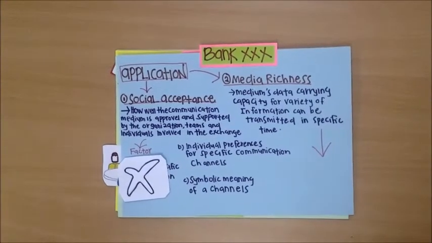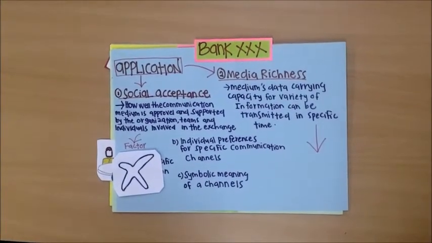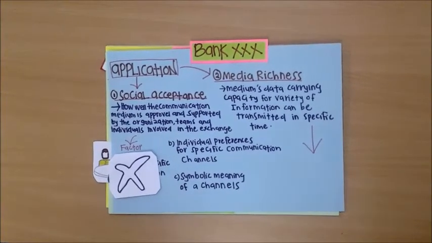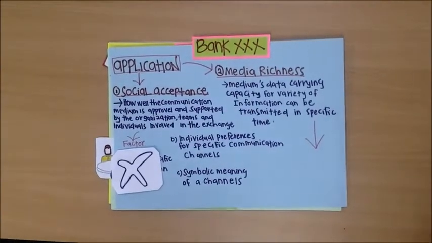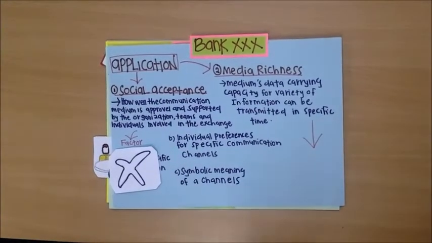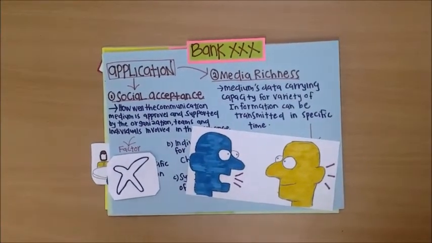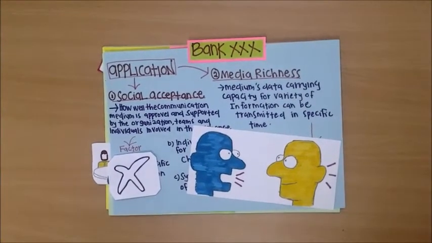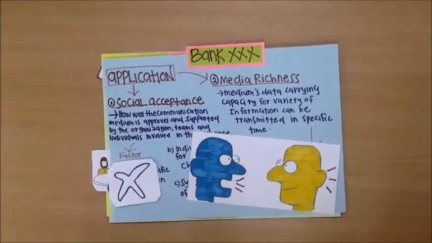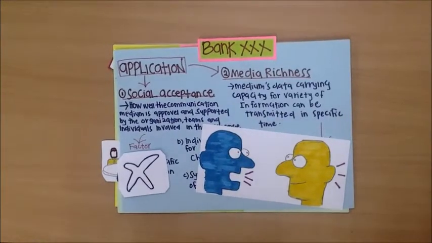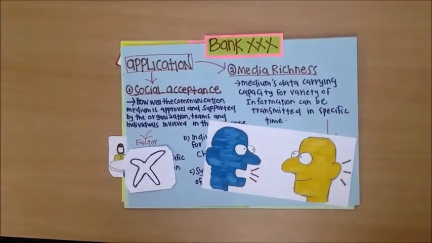Media richness is a medium's data carrying capacity, that is the volume and variety of information that can be transmitted during a specific time. Media richness puts face-to-face communication at the top because it allows us to communicate both verbally and non-verbally at the same time, to get feedback almost immediately from the receiver, and to quickly adjust our message and style.